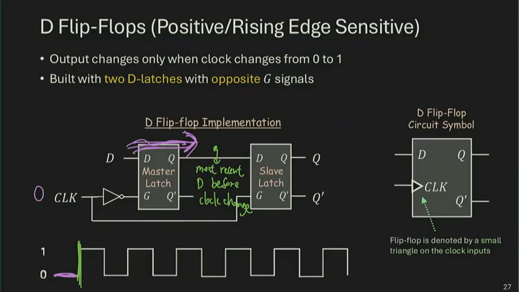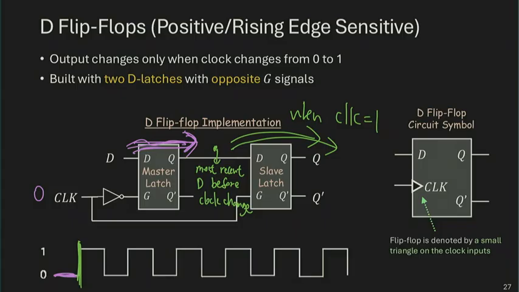So the output will go into the hold mode. It will remember the most recent data right before the clock edge. At the same time, because clock is a 1, the second latch becomes transparent. And therefore, whatever gets saved in the middle will be propagated to the Q output when clock equals 1.